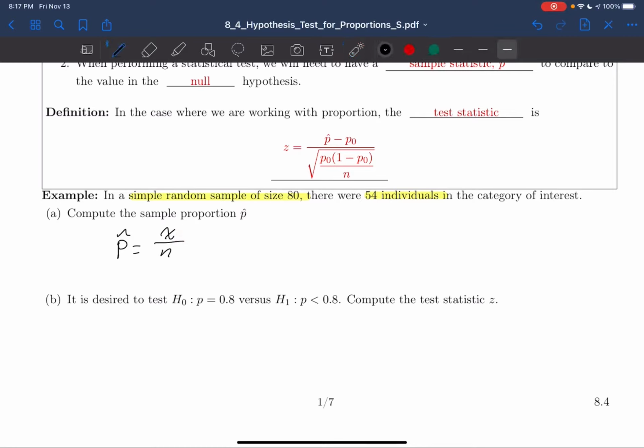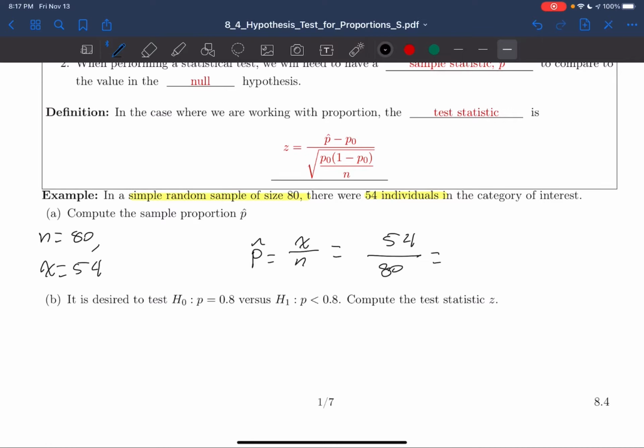They gave us our sample size, so N is 80, and X is 54. So our sample proportion is 54 over 80, which is equal to 0.675.